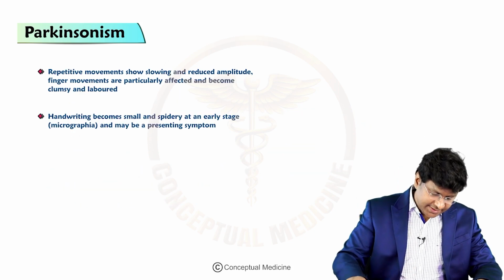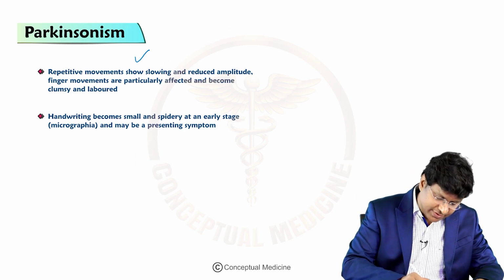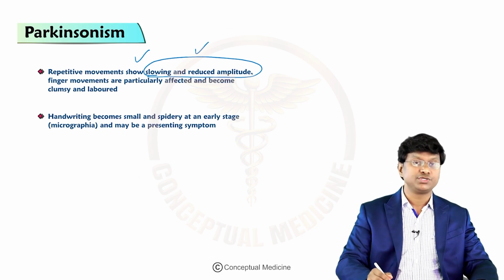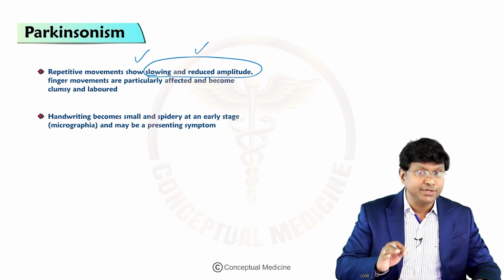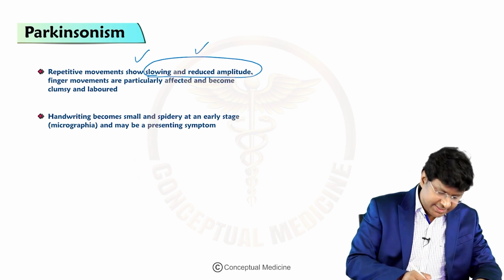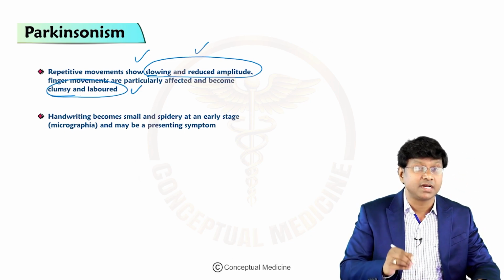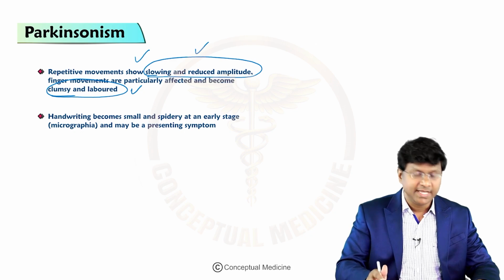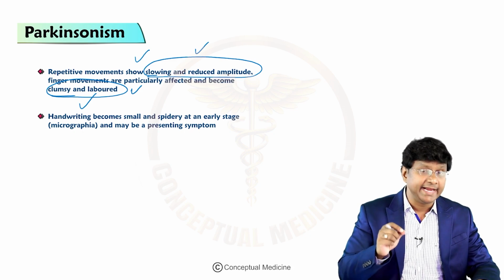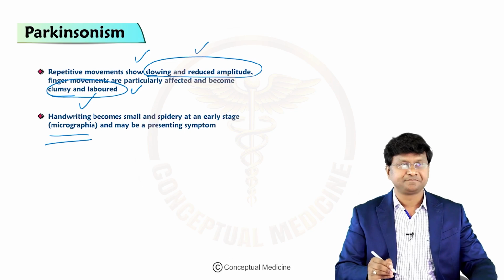Repetitive movements show slowing as well as reduced amplitude. Even the finger movements are affected; they become clumsy and labored. And I have told you about the handwriting: it becomes small and spidery at an early stage. That is called micrographia.